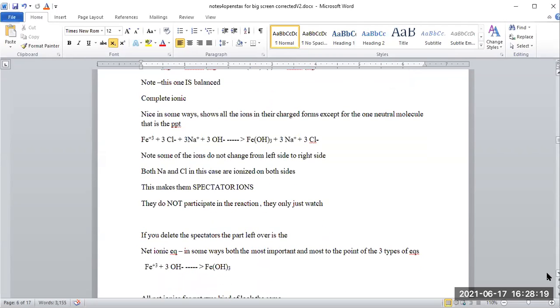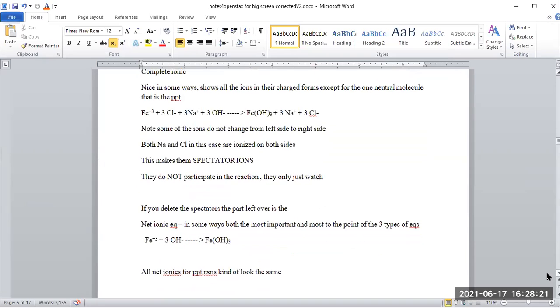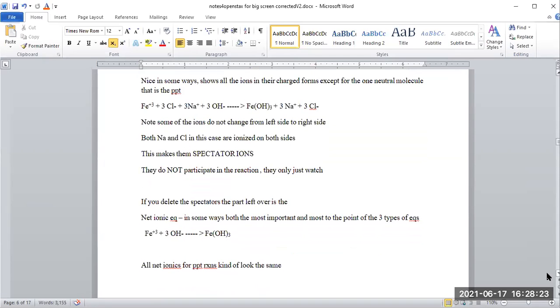So what if I got rid of my spectator ions? I crossed out my sodiums on both sides and deleted them, and crossed out my chlorides on both sides and deleted them. Your leftovers give you a net ionic.